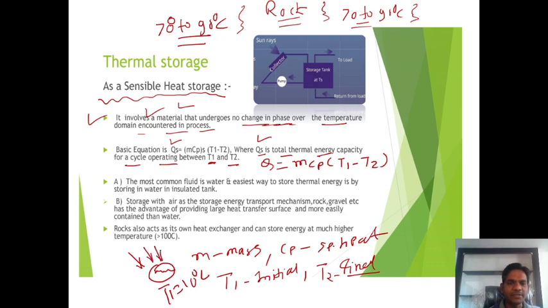After solar energy is incident on this rock, its temperature rises to 50 degrees Celsius. How much energy will be stored? We can calculate it with the help of this formula, Q is equal to m Cp (T1 minus T2).